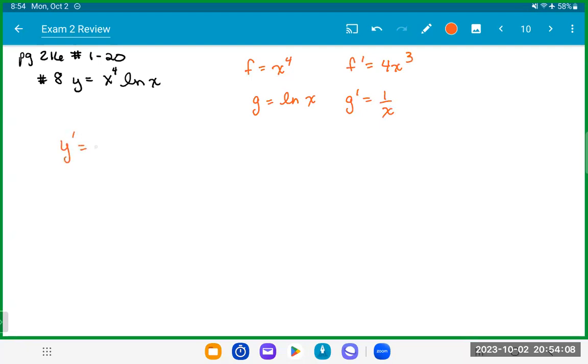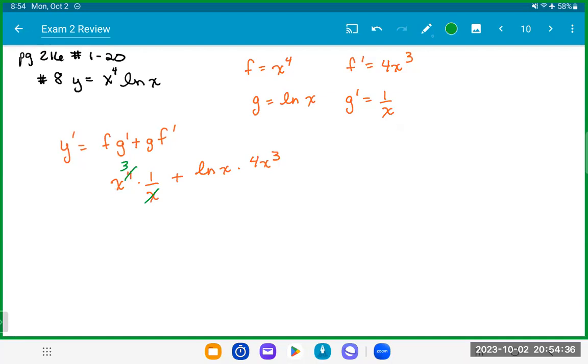Y prime then, or my derivative of my function, is f g prime plus g f prime. And so this gives me x to the 4 times g prime, which is 1 over x, plus g, which is the ln of x, times f prime, which is 4x cubed.